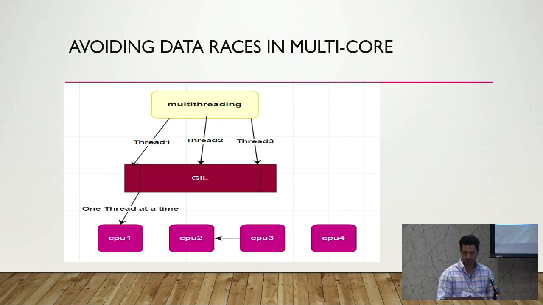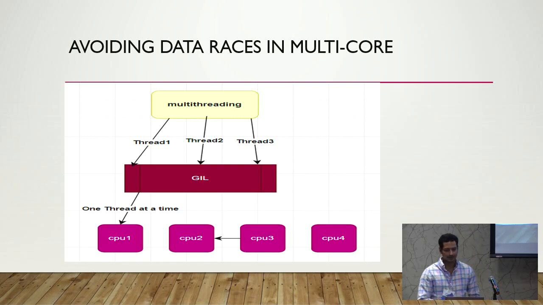The Global Interpreter Lock in Python allows only one thread at a time. So based on immortal objects, we are considering making the GIL a per-interpreter lock to enable true multi-core parallelism. Assume the GIL will go downwards towards per CPU or per interpreter, which enables true multi-core parallelism, which is not present right now.